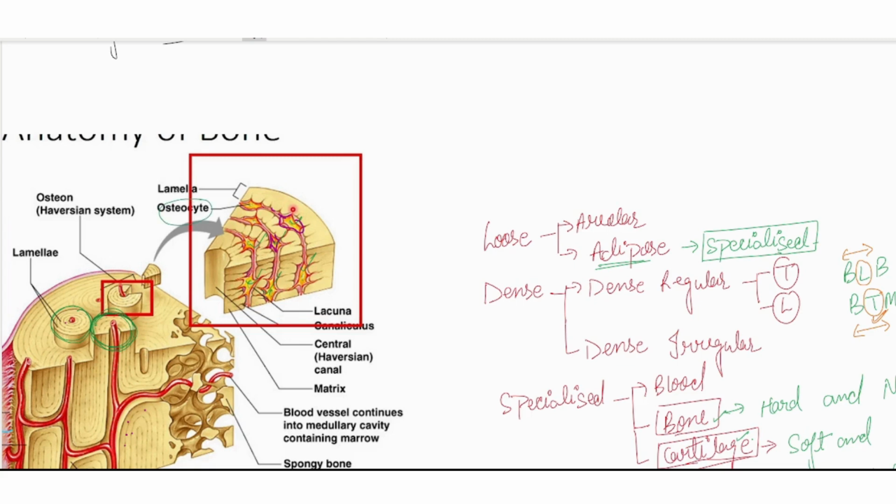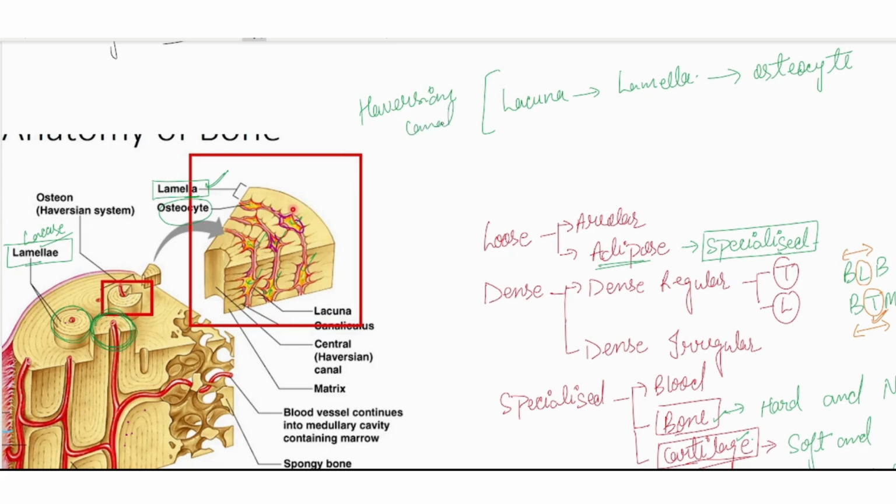In the osteocytes having the arrangement of the lamella in the form of layers, and these osteocytes are actually embedded into the cavity, that is the lacuna. Okay, so we can say that the layer-like structure would be the lamella, and inside the lamella having the osteocytes. Together they will form the Haversian canal.